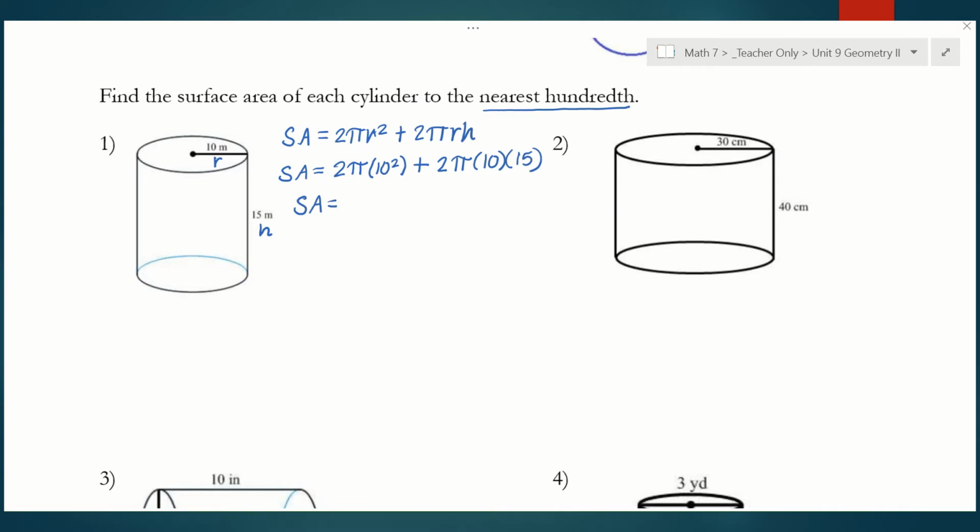Okay, and remember, we're rounding to the nearest hundredth, which is 2 decimal places out. So your answer should be 1,570.80, and this would be meters squared, because remember, when we have surface area, we use the same label as area.